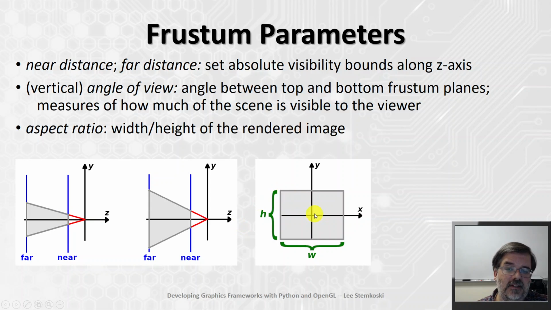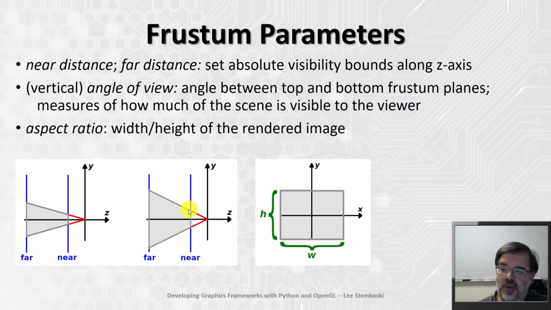Now, the other perspective that we're really going to be interested in is the aspect ratio. In this diagram on the right, we see the front of the frustum as if we were looking down along the z-axis. The aspect ratio is the width of this region divided by the height of this region, and these dimensions are chosen to match the aspect ratio of the image that you're going to render.